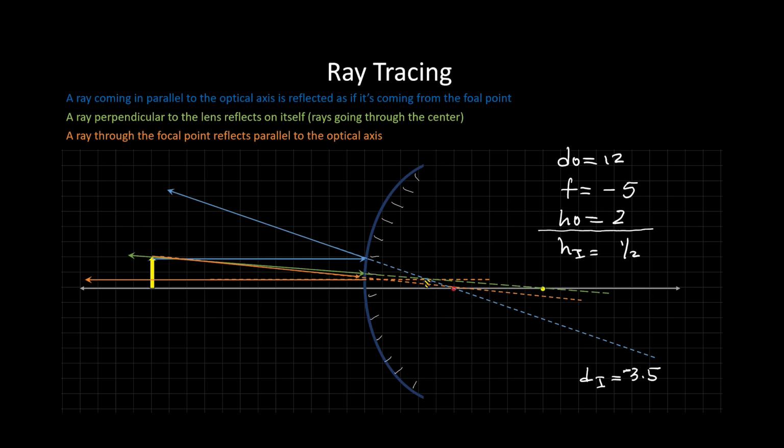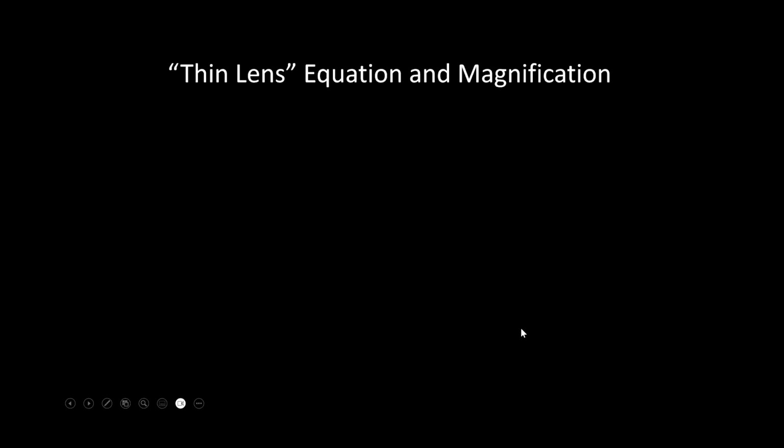Again, this was all talked about in the introductory video for concave and convex mirrors. So let's look at the lens equation. I put thin lens equation in quotation marks because it's the same equation used for this mirror and for the lens.